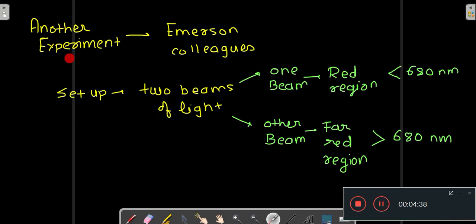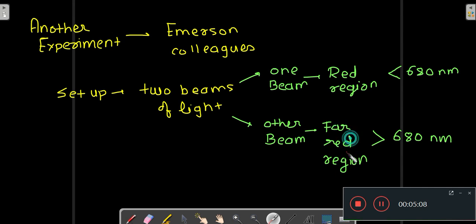In another experiment, Emerson and his colleagues set up an experiment with two beams of light. One beam was emitting red region wavelengths, whose wavelength is less than 680 nanometer, and the other beam was emitting light in the far red region.